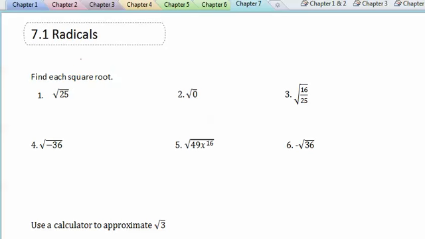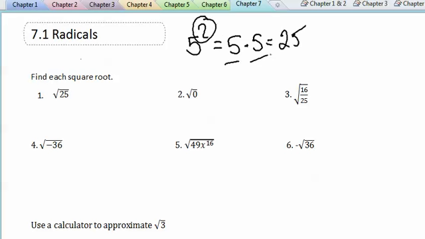Let's go back for a second and talk about when we square something. If we think about 5 squared, we do 5 times 5, and that's 25. So whatever that exponent is, that's how many times we use that number. Well, basically, the square root is going the opposite way.